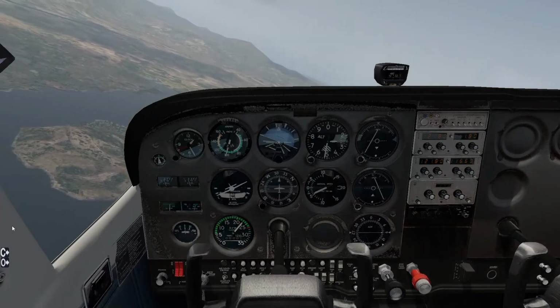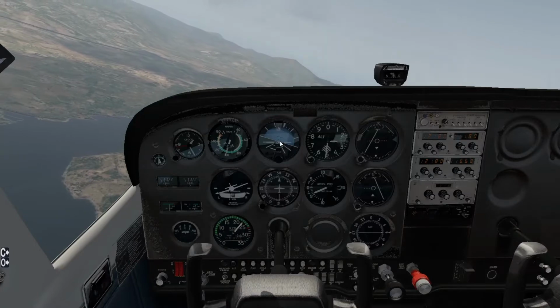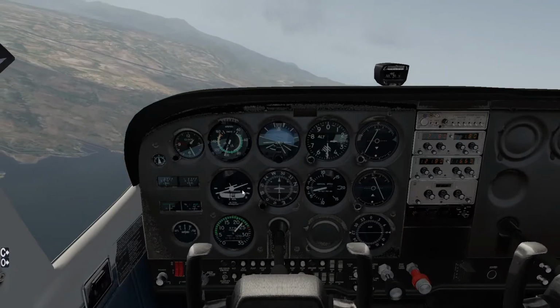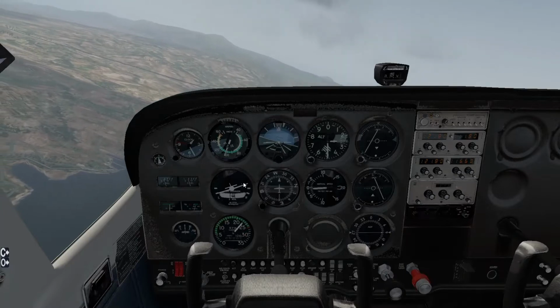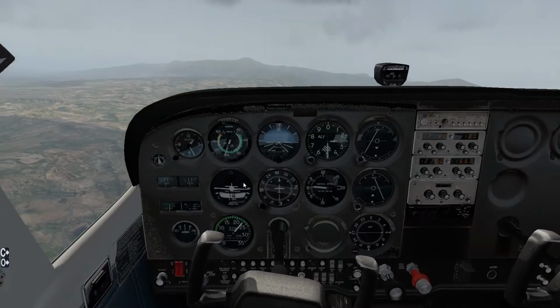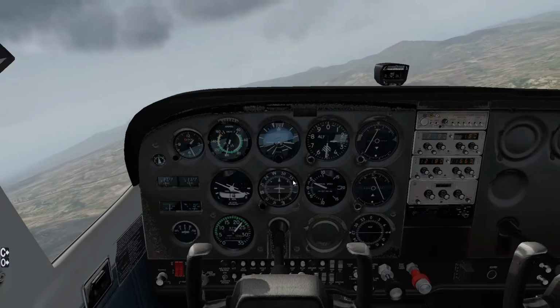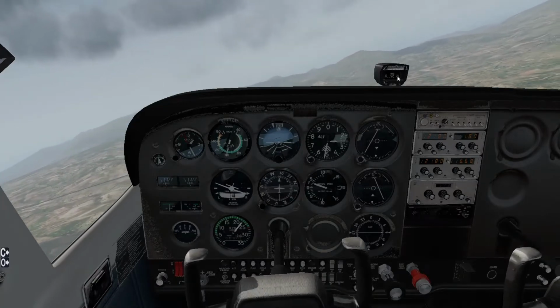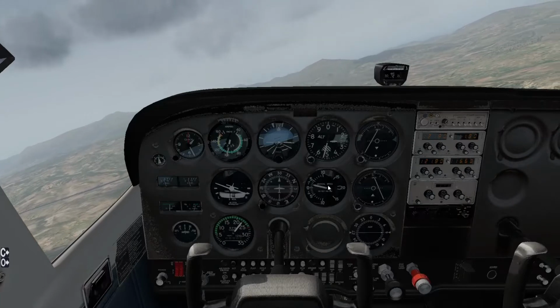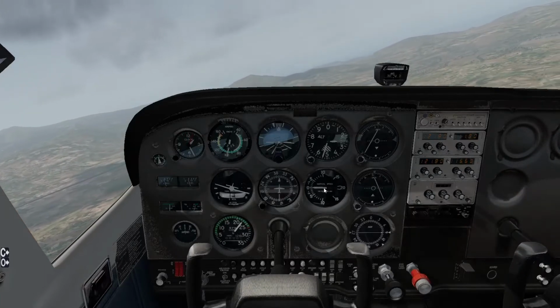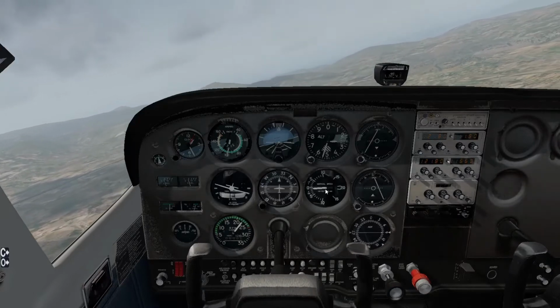This is referred to as the bank attitude, and it can be verified by use of the attitude indicator in the cockpit, the turn coordinator, and sometimes we may consult our direction indicator, magnetic compass, the altimeter and the VSI, the vertical speed indicator, in order to ensure that we maintain a constant altitude throughout the turn.